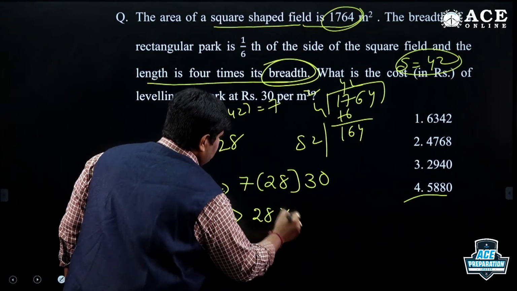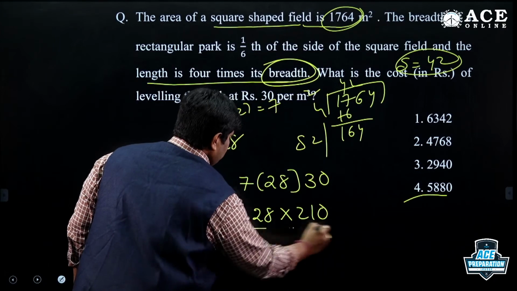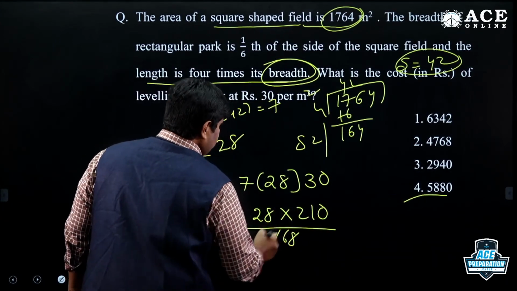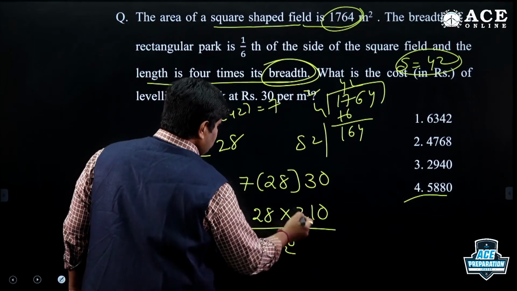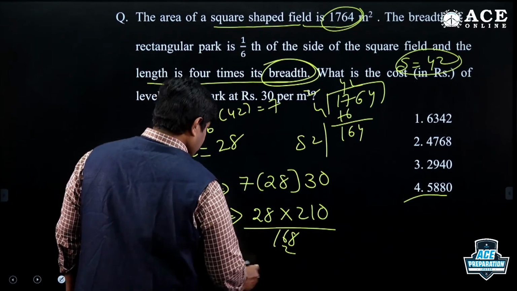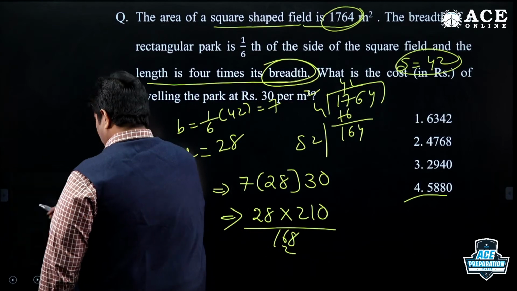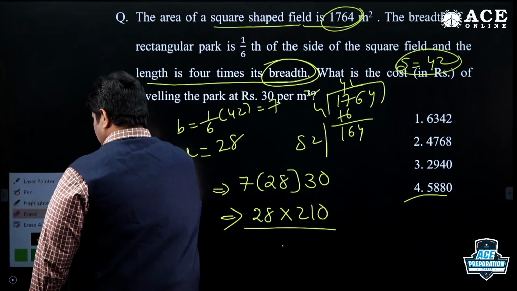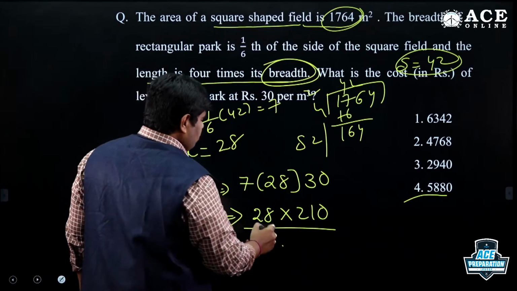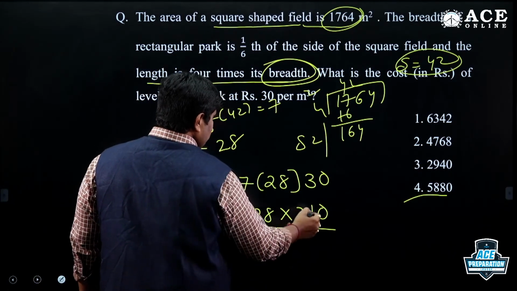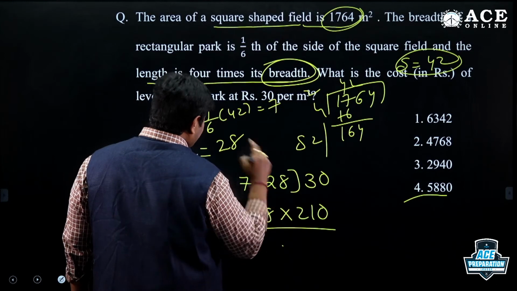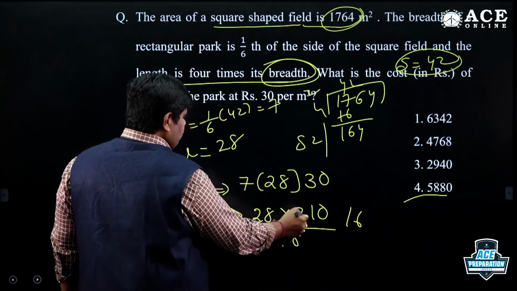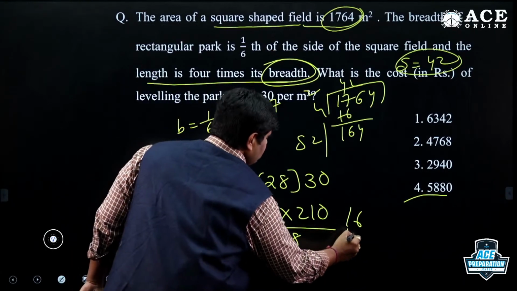28, 7 3s 210. Okay. 8 1s 8, 8 2s is 16, 2 1s 2. 8 21s 168, 21 2s 42.